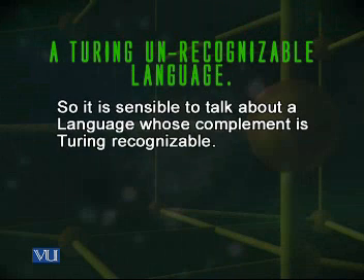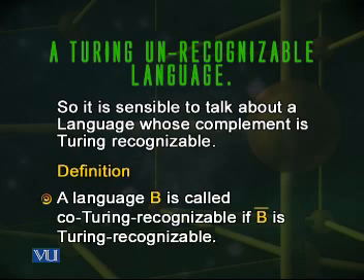Since Turing recognizable languages are not closed under complementation, it is sensible to talk about a language whose complement is Turing recognizable. Therefore, we make the following definition. A language B is called co-Turing recognizable if B complement is Turing recognizable. Now we will relate Turing recognizable and co-Turing recognizable with our previous concept of decidability.